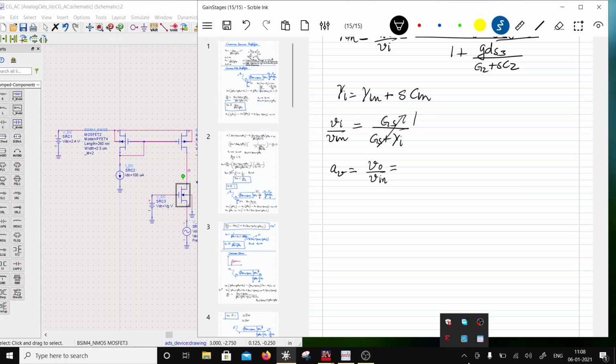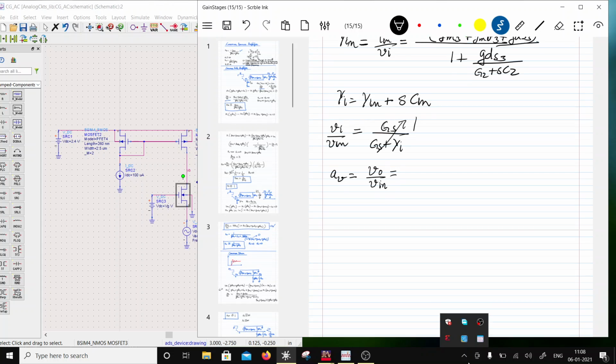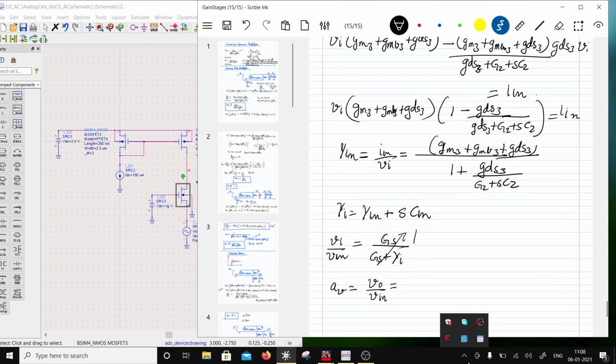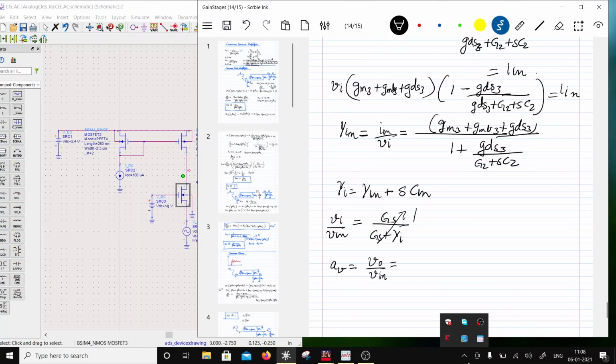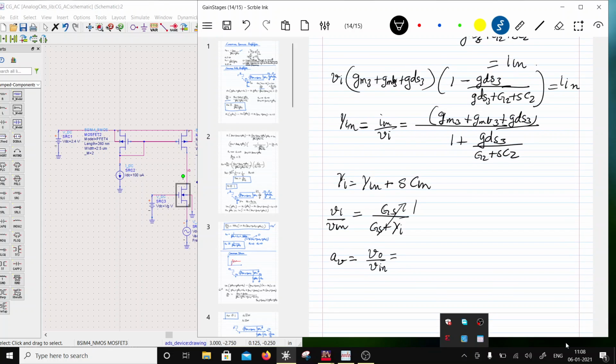Okay, in case there is no load, GL is also 0, right? So G2 will be GDS2 only, right?